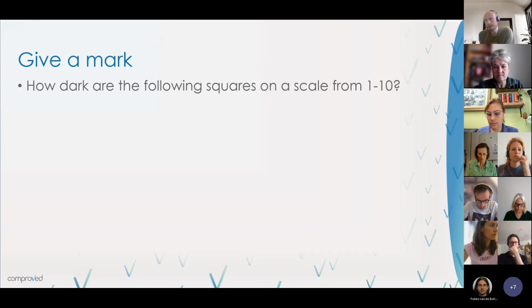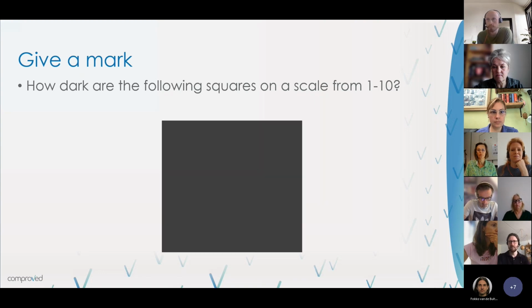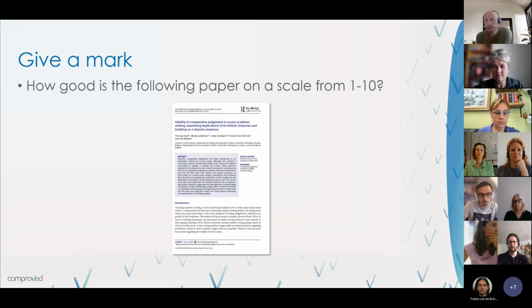Good. I will start with a question. How dark is the following square on a scale from 1 to 10? Just pop up a number. And what do you think of this one? The same question for another thing.